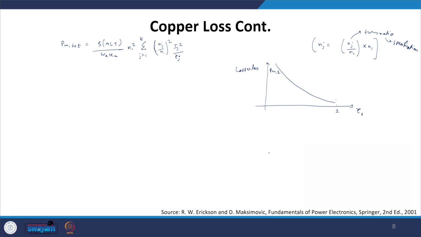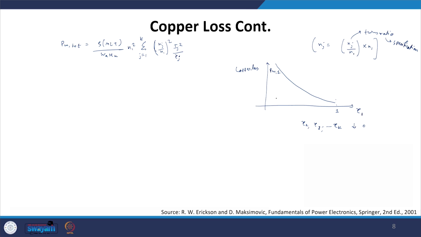At the same time, when gamma 1 reaches 1, the values of gamma 2, gamma 3, up to gamma k are going towards 0, or you are reducing those values. That means the amount of area allotted to windings 2, 3, 4 up to k is very less, and then we have to use very thin wires, which indicates a higher amount of DC resistance, and thus our copper loss in the other windings will be more.